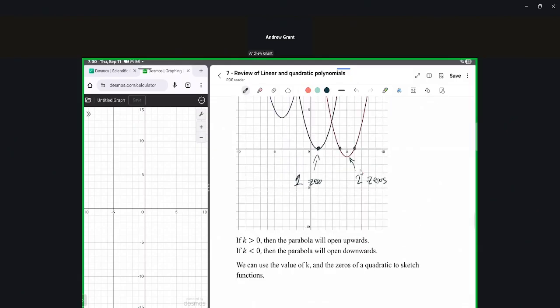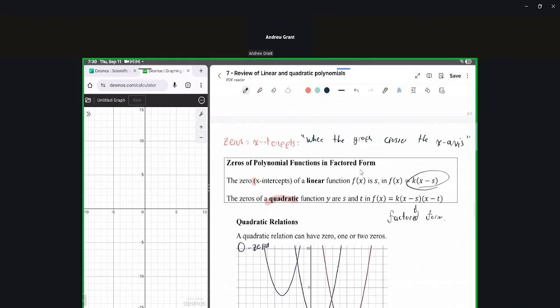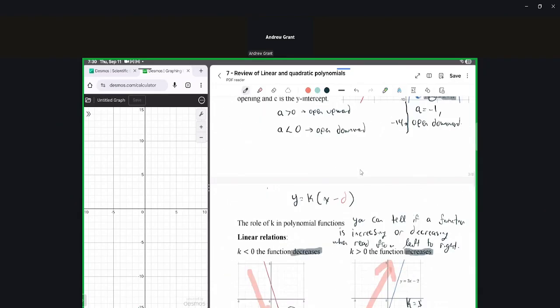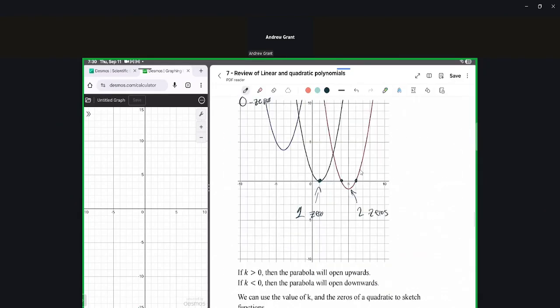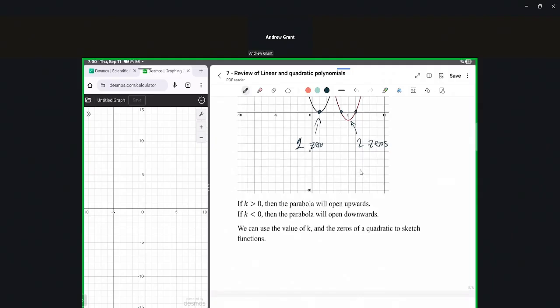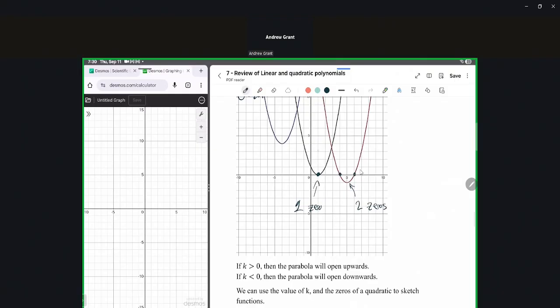And in general, I stated this earlier, the book uses different terminology. You might be familiar with A, and I think did I use A up here? Yeah, I used A up there. But the book did K because they're trying to group in cubic and quartic later, whereas I'm just focusing on linear and quadratic for now. So in general, if your value of K is greater than 0, they will open up.